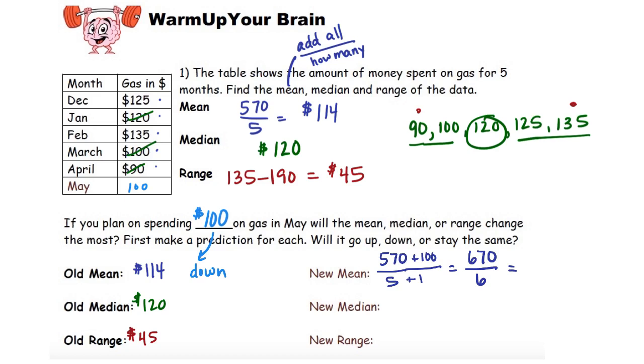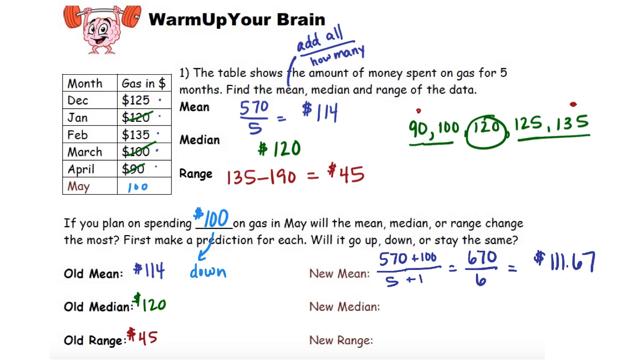Grab your calculator and type that in. And what you should get is a new average of 111.67. So now look at your prediction. Did that actually go down? And it did.